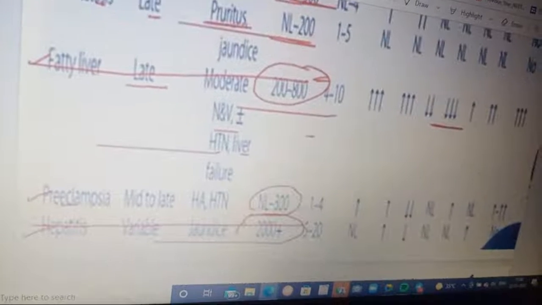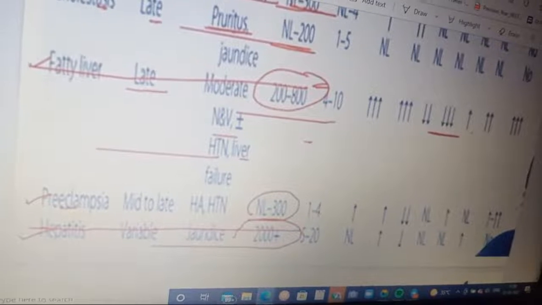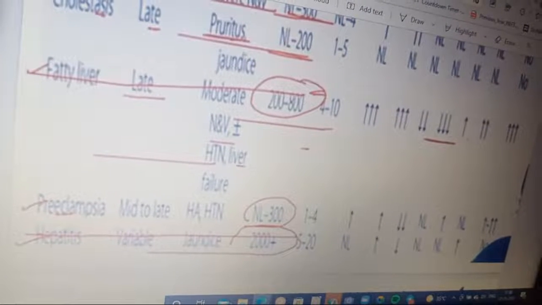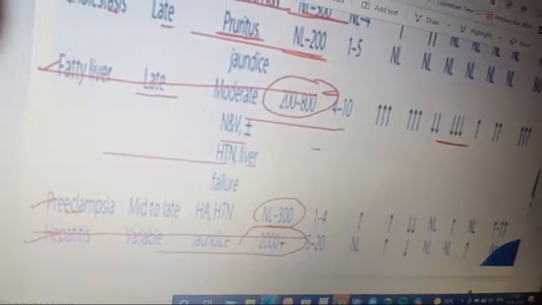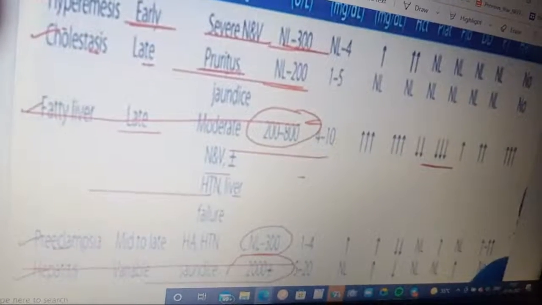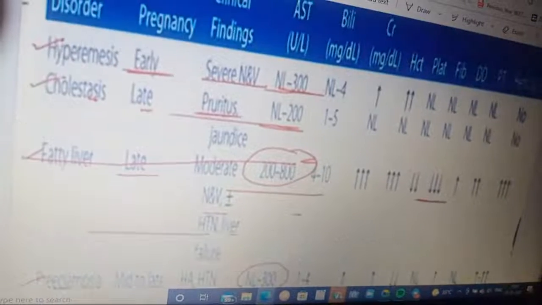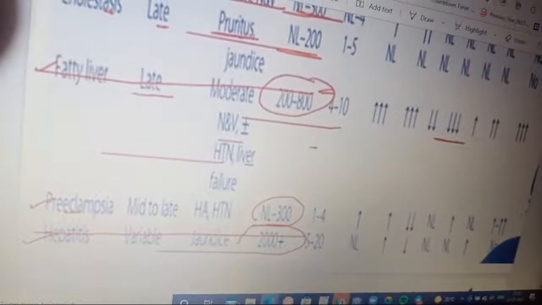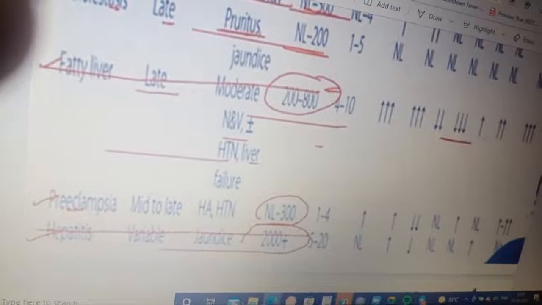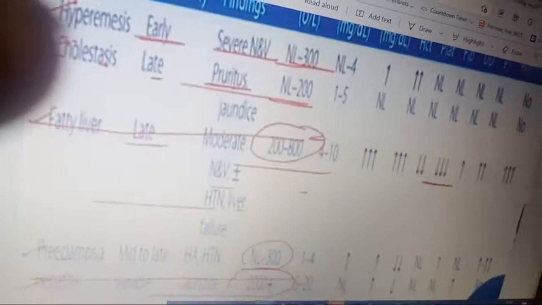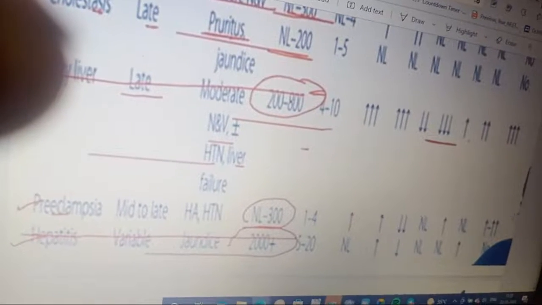In preeclampsia, mild to moderate, AST 300, bilirubin 1 to 4, creatinine increase, HCT increase, platelets decrease, fibrinogen nil, and lastly the hemolysis will increase. In hepatitis, there is variable jaundice, AST 2000 plus, and bilirubin is 5 to 20.